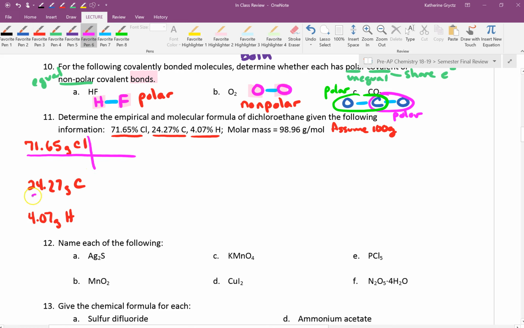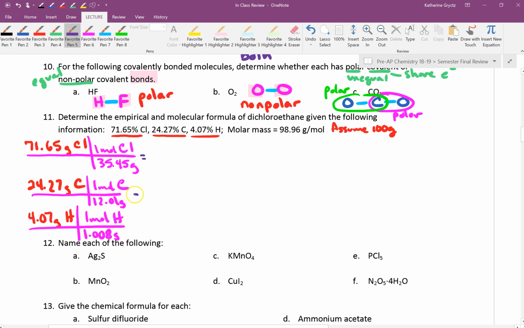Okay, so the next step, once you have the grams of each, is to convert these all to moles. So a little quick calculation using the molar masses. Okay, and so when you're doing this, I don't know what you all were told, but we're not looking for any kind of significant figures.